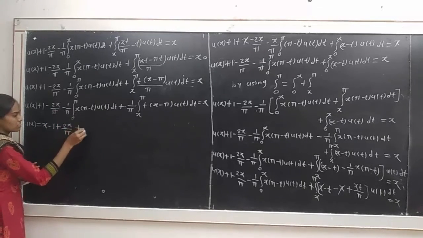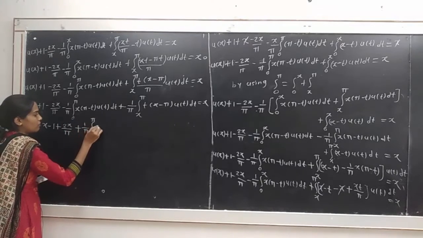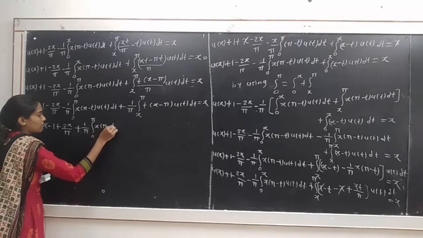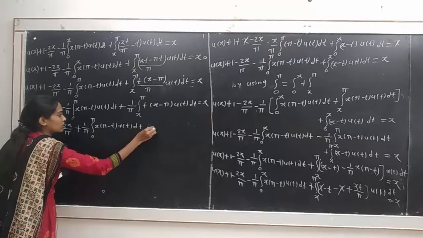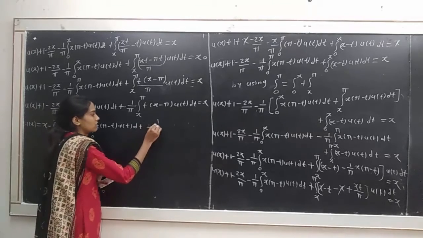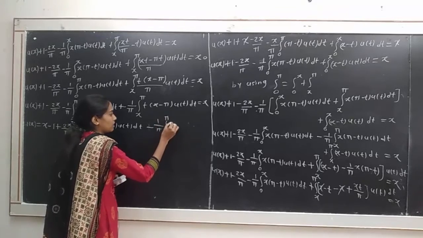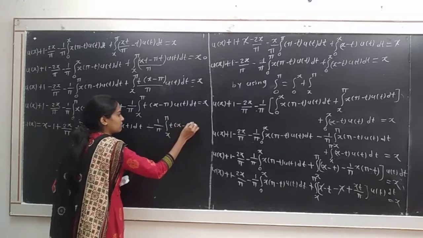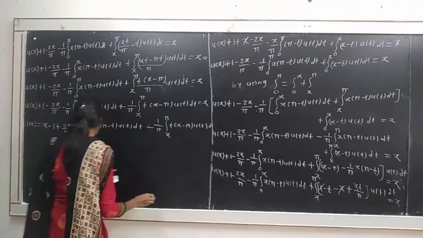This will be plus 1 by pi integration from 0 to pi of x (pi minus t) into u of t dt. Then this becomes minus 1 by pi integration from x to pi of t (x minus pi) into u of t dt.